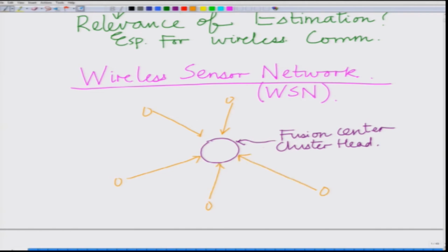These are basically your sensor nodes, and this denotes the wireless channel. These sensor nodes communicate over their respective wireless channel with the fusion center. They send their measurements to the fusion center over the wireless channel.